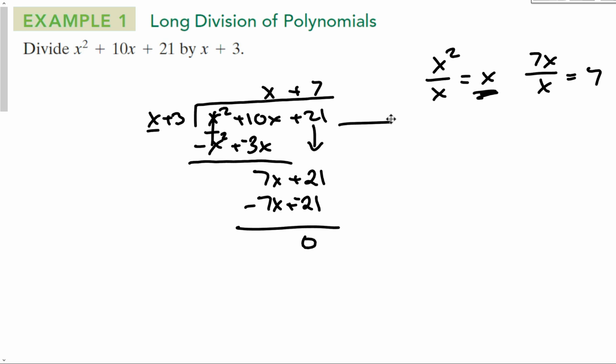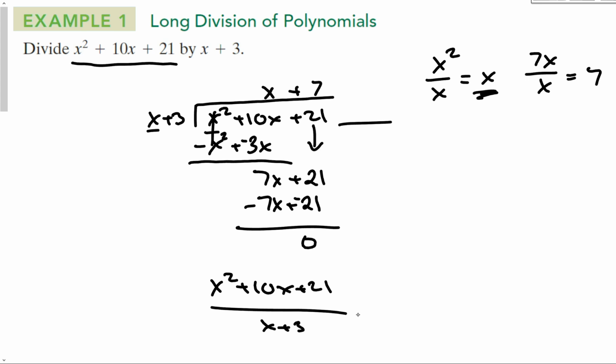The remainder is 0, so we can conclude that the two factors of this trinomial, x squared plus 10x plus 21, are x plus 3 times x plus 7. We could think of this as x squared plus 10x plus 21 over x plus 3 is going to equal x plus 7.